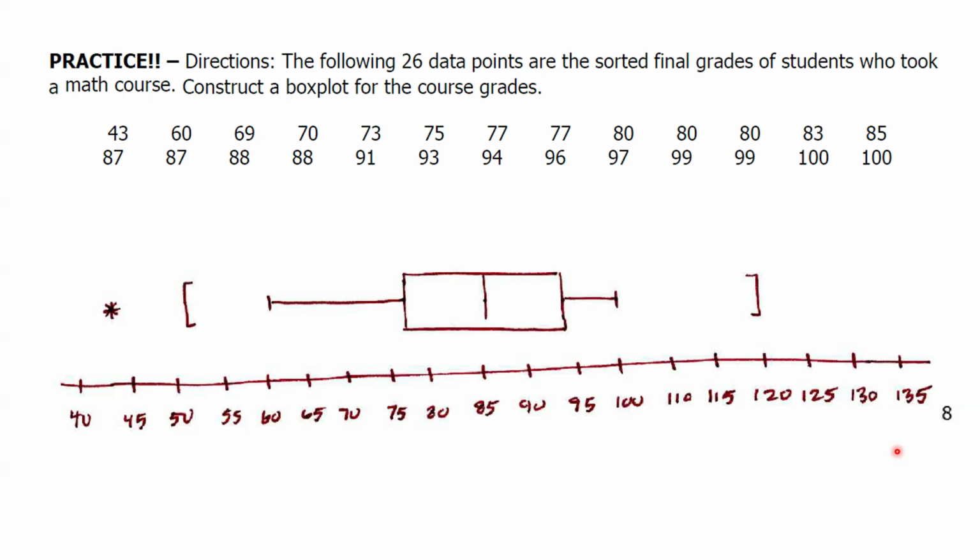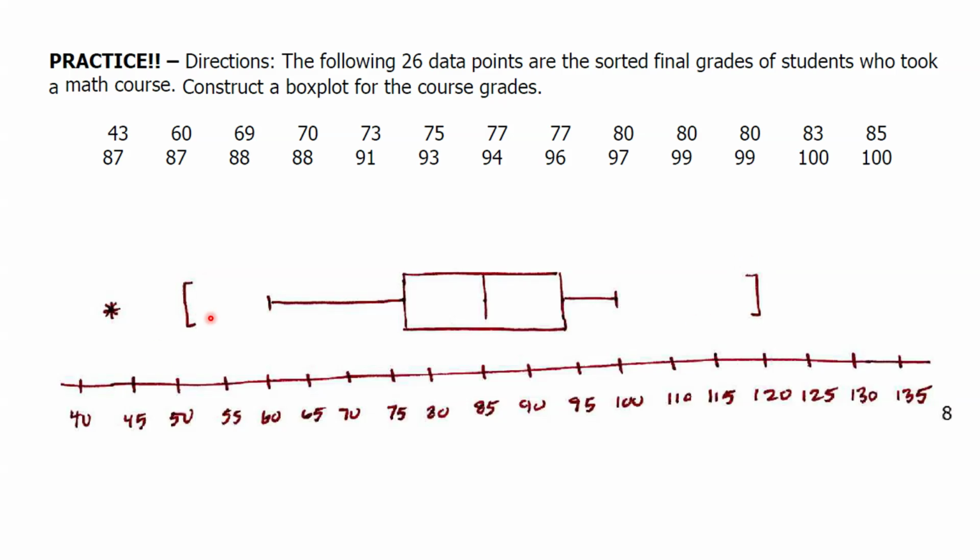Okay. So you place your vertical lines at Q1, 2, and 3. Create the box. The length of the box is going to be your interquartile range. And then you'll place your lower and upper fence by these brackets.